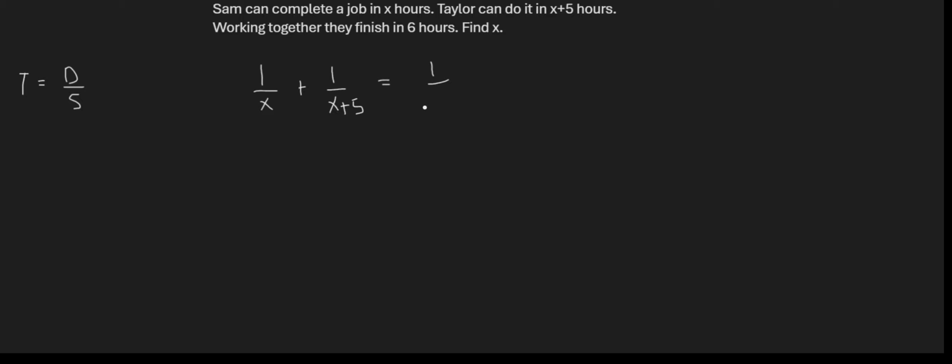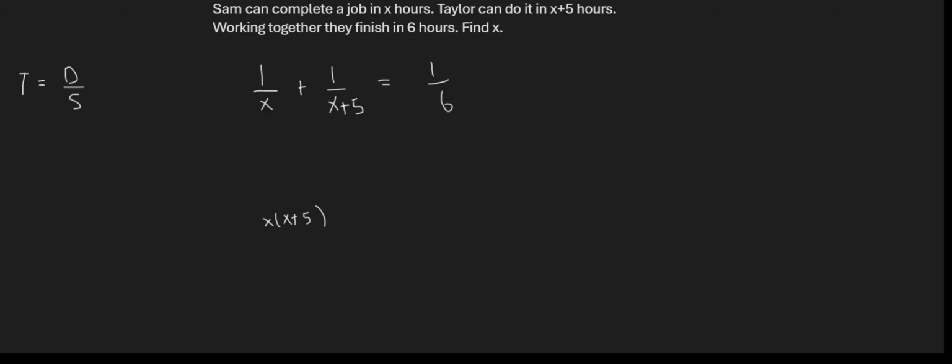So now we have the equation, we have the hard part. The easy part is just solving it. Right? So multiply x and x plus 5 with these, so we get a common denominator. And we get x over x plus 5.